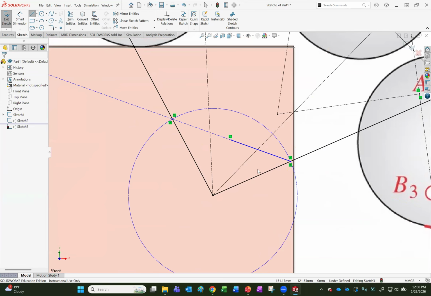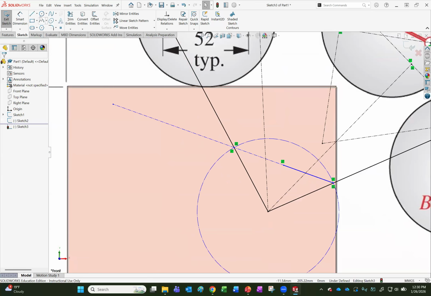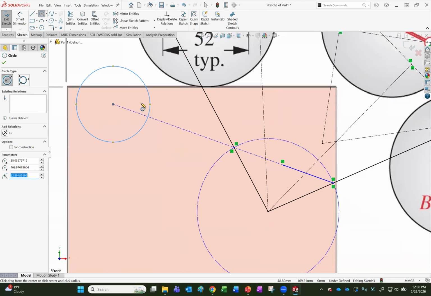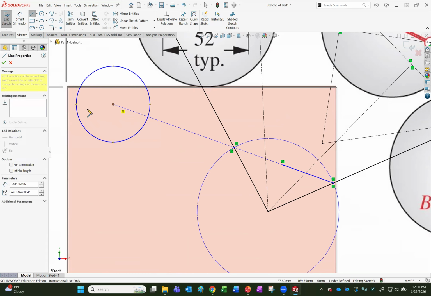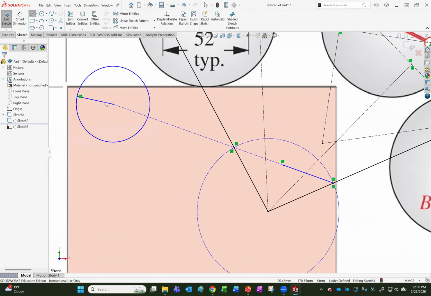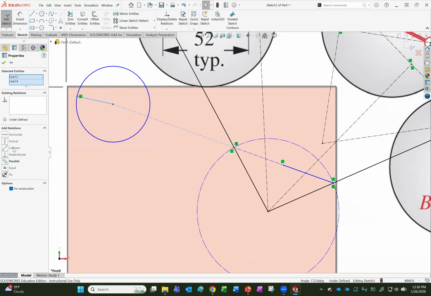Boom. And then I'll make a circle up here. Boom. And make a solid line. I don't know if it matters, but I'll go ahead and click on the edge and make him coincident. All right, so cool, linear.